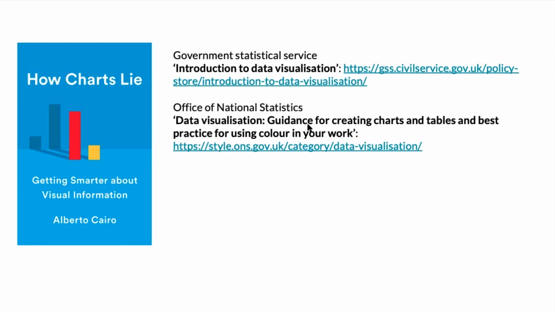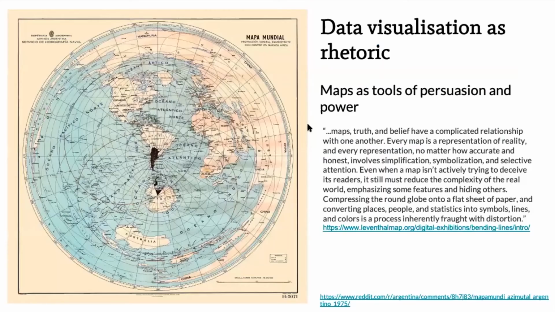It's also, I think, really useful to always remember that data visualization, just like any other form of communication, the written word, the spoken word, can be used rhetorically, and can be used deliberately to persuade in particular directions.